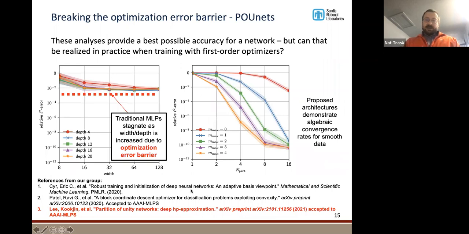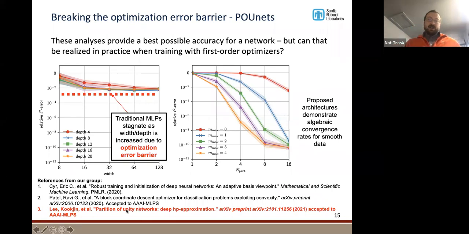So over the last year, we have this kind of sequence of 3 papers. The first, developing fast optimizers once you take that adaptive basis perspective, then applying that to looking at classification problems, and then finally culminating in this partition-of-unity networks paper that I'm going to talk about today.